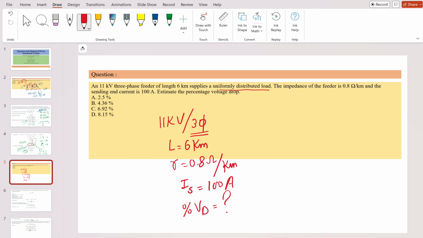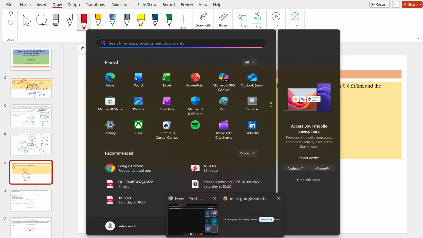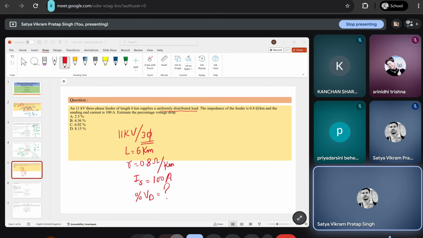I am also solving with you. Try to solve it and let me know. Let me bring a calculator.